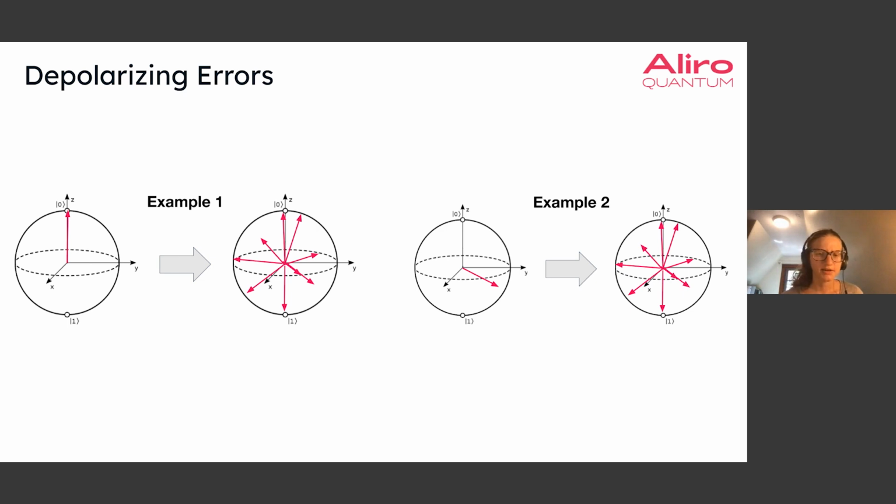This means that it could lie anywhere on the Bloch sphere. Again, I've represented this as just a bunch of arrows drawn anywhere on this Bloch sphere. For this error, it doesn't matter what state you start in, you'll still end up with this completely mixed state.